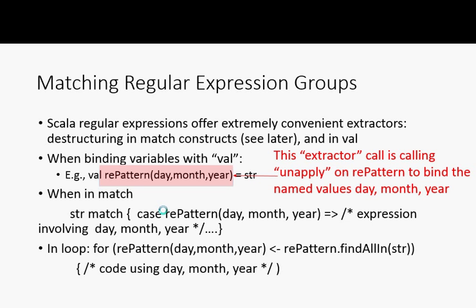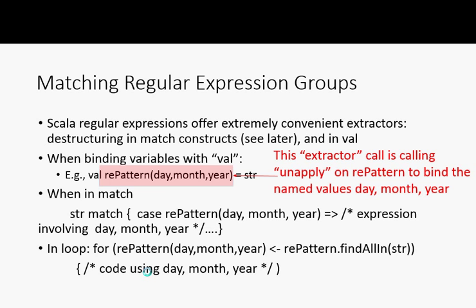Here we could bind them to a value, or we could have a match expression where we match them and extract day, month, year. Or we can have a loop which loops through each match in a string, gets the day, month, year associated with that, and maybe prints it out to a file.